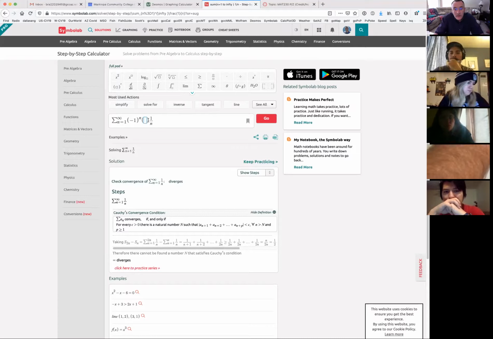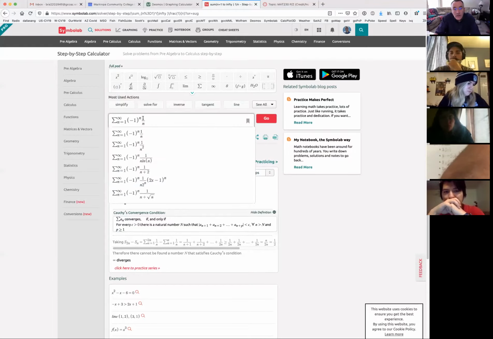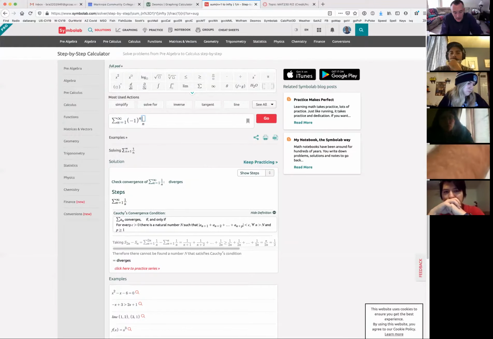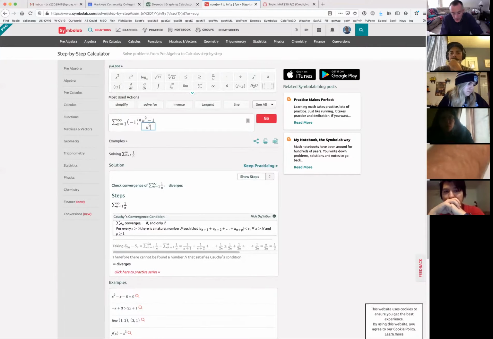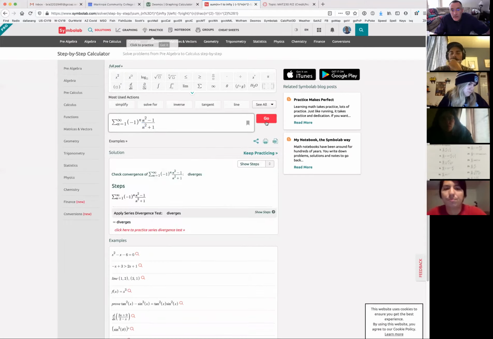I guess it doesn't need one. The top was n squared -1, and the bottom was n squared +1. I think that's right. And I'm going to say, where is this going?